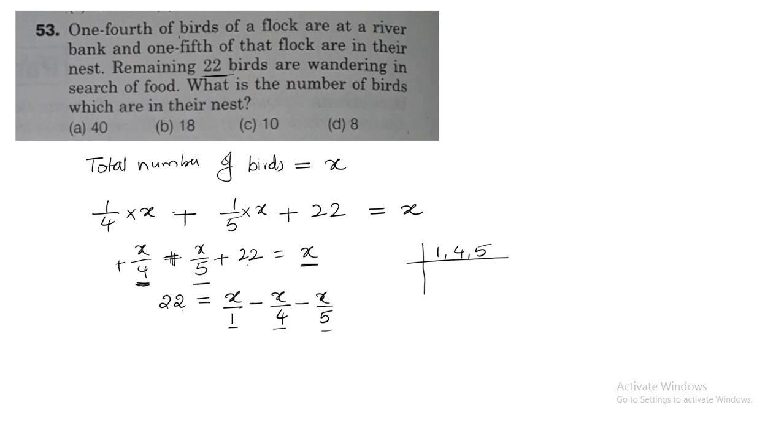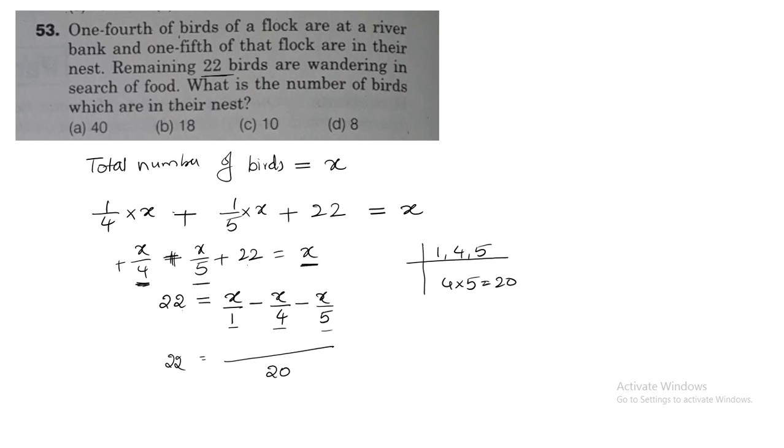If such a case is there, then the product of the numbers is nothing but my LCM. So 4 into 5 is my LCM. What is the LCM here? It is 20. So don't think much, simply consider their product as LCM.